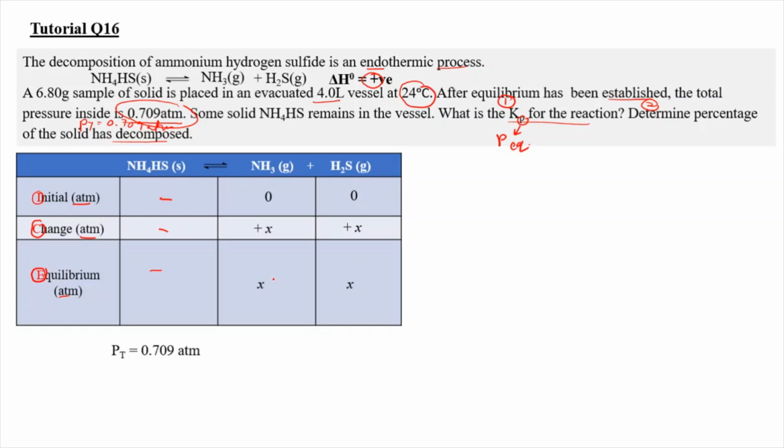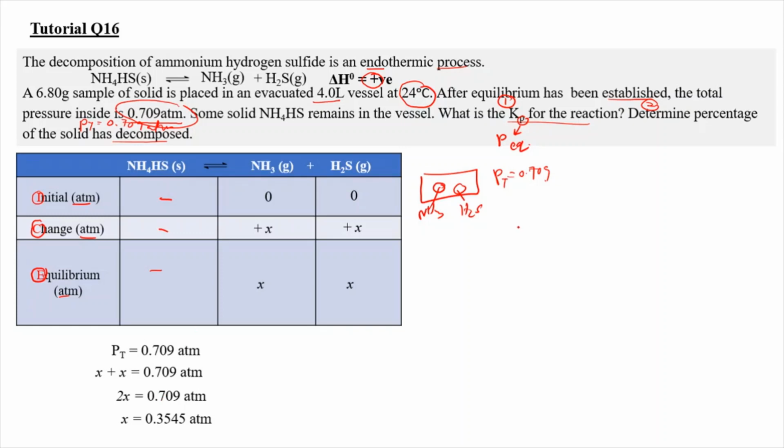The addition of both of our gases at equilibrium, the ammonia as well as the hydrogen sulfide, is going to be equal to 0.709. So X plus X is 0.709 atm according to Dalton's law. So we have 2x equal to 0.709, and then our x here is going to be 0.3545 atm respectively.